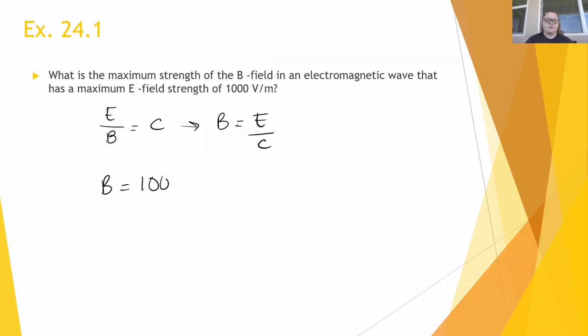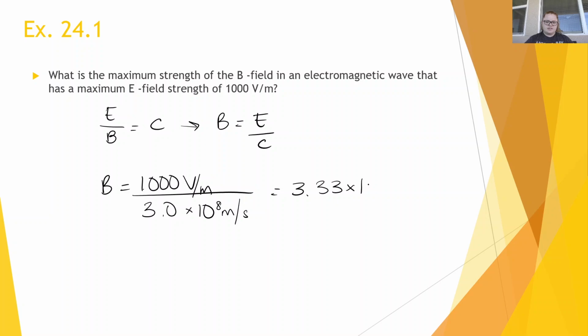1000 volts per meter divided by c, which was 3.0 times 10 to the 8th meters per second. So we can put that into our calculator and we get a value of 3.3 times 10 to the negative 6th, and this is in Teslas.